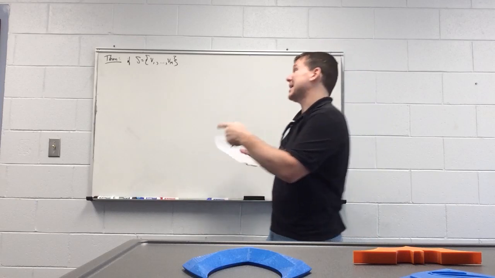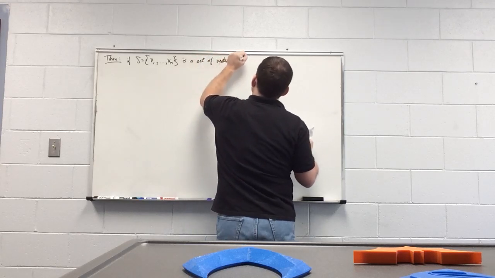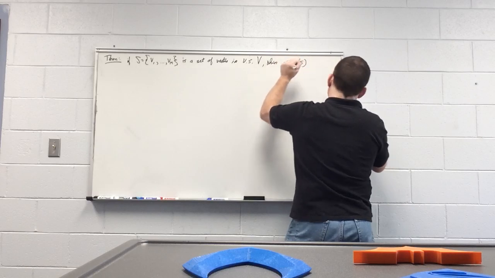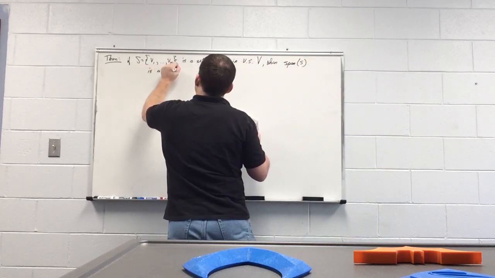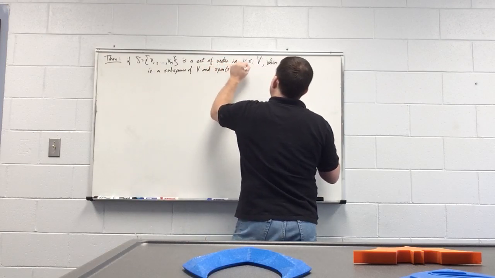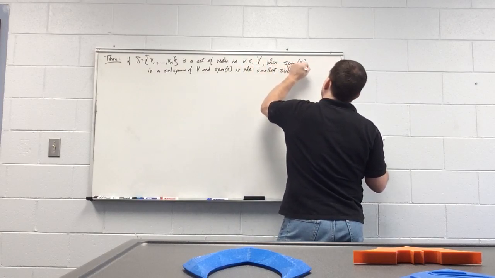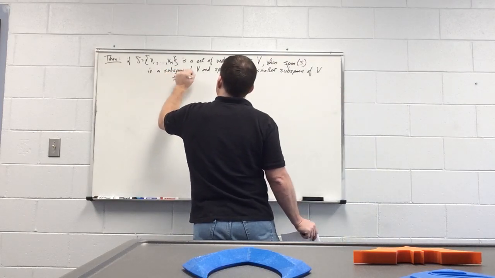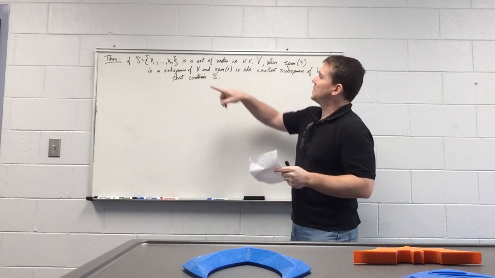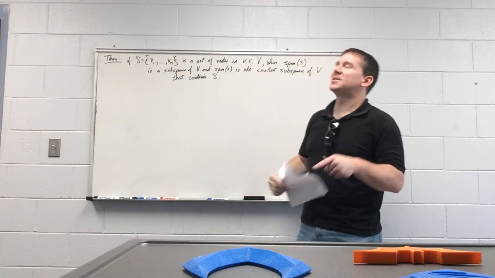I might get tired of writing that, so I might just write S, and we'll assume this is a set of vectors in the vector space V. Then the span of S is a subspace of V, and the span of S is the smallest subspace of V that contains S. So again, understand the difference between this, which is a set or a subset of these vectors, and now we're showing that the span of S is a subspace of V.